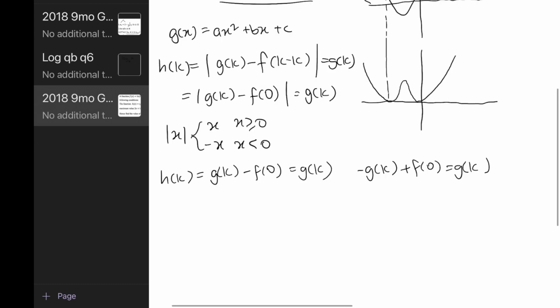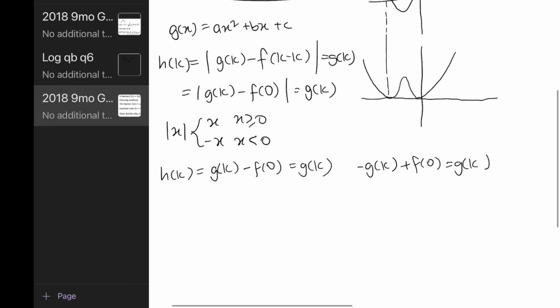Now let's solve for each of these possibilities and see which one is feasible. In our first case, we can just use algebra to move this to this side, and we get this strange equation: f of 0 is equal to 0.